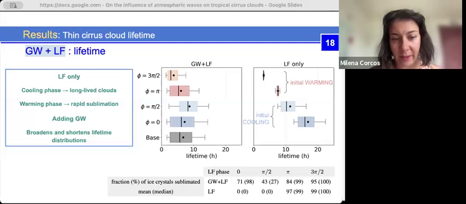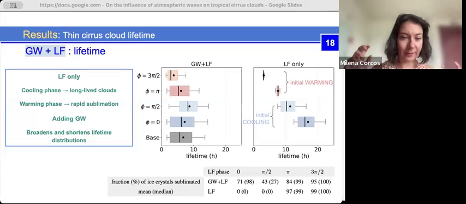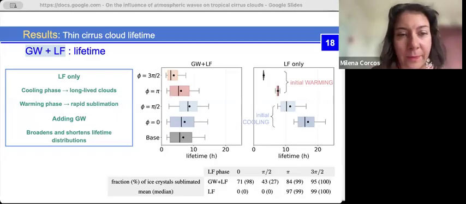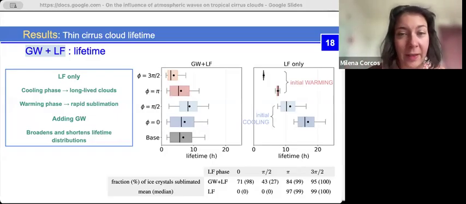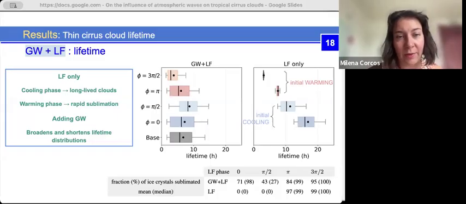But when the gravity waves are added and we have this superposition of the two, you can see that the lifetime distribution is actually broadened and shifted a bit towards shorter lifetimes. We understand that gravity wave induced sublimation can happen even during the low frequency cooling phase. And on the other hand, cooling fluctuations from gravity waves can help the clouds grow and stabilize, even if we're in the initial warming from the low frequency phase.